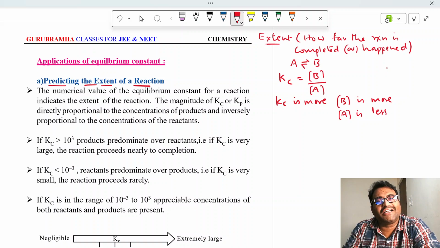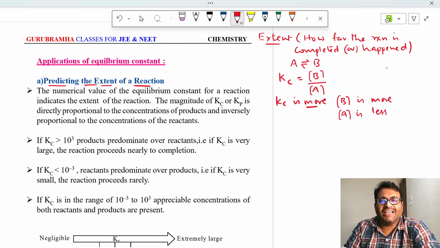So more reaction has been completed. Are you getting this? More value of Kc represents that product concentration is more and reactant concentration is less. That means a greater amount of reactant has been converted into product, and less amount of reactant is present. That is the meaning of more K equilibrium value.